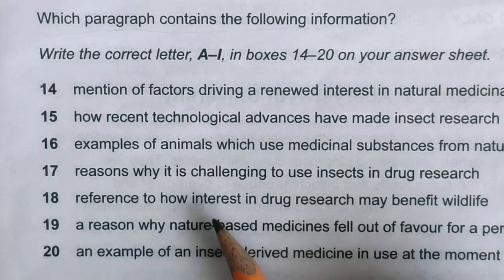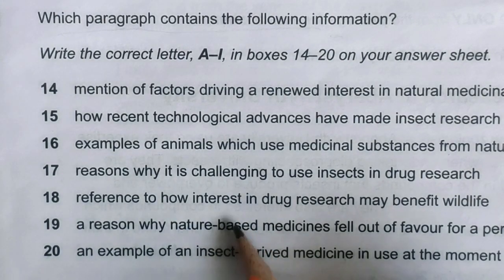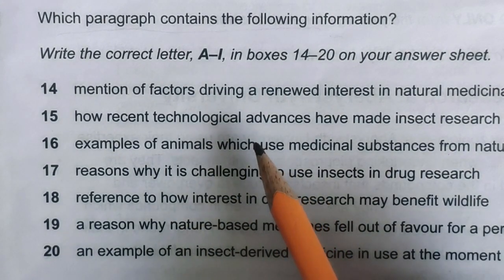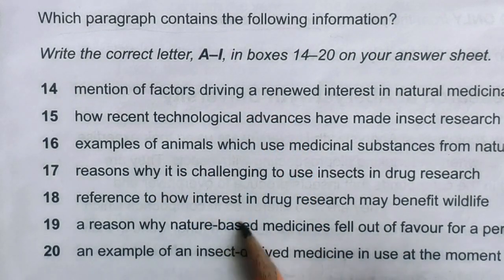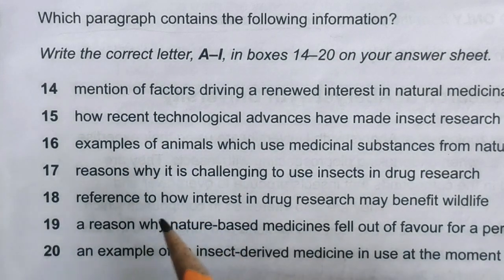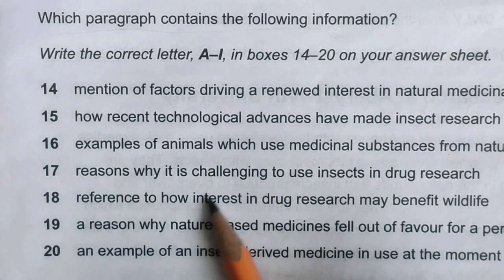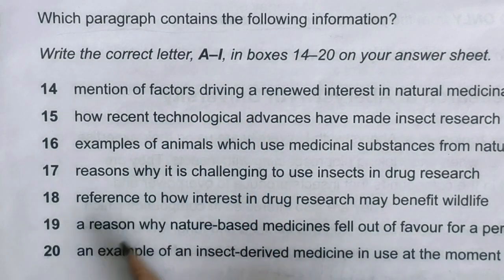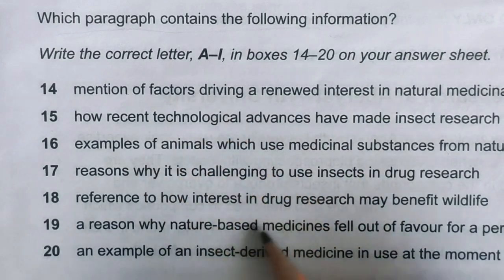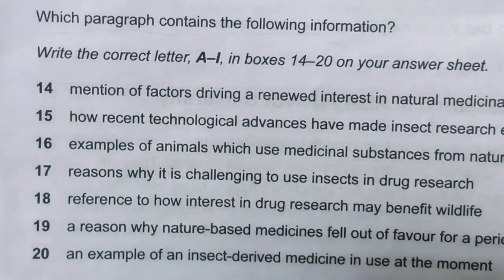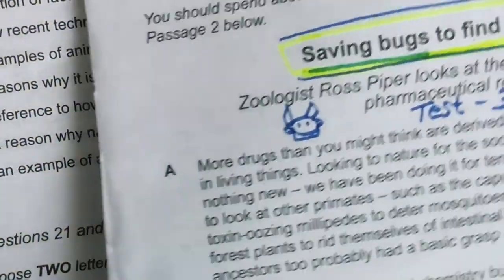Without reading these options, I am going to read the paragraphs one by one, take out the main meaning of each paragraph and try to match it with these options. Or you can do it in a different way: first read all the options, not just one, and then go to the paragraphs, read them one by one and match them with the passages. Now let's go to the first paragraph.